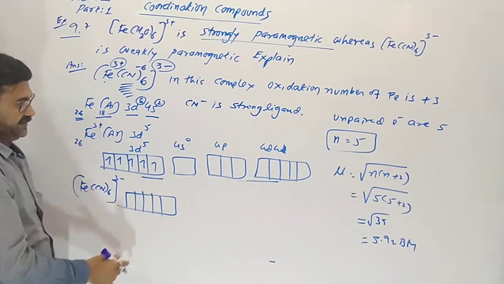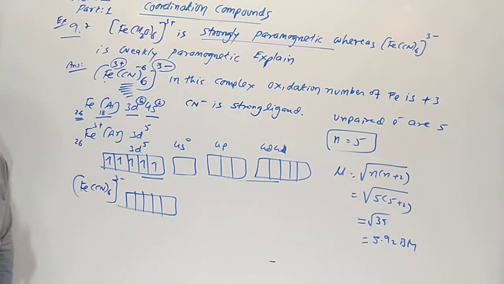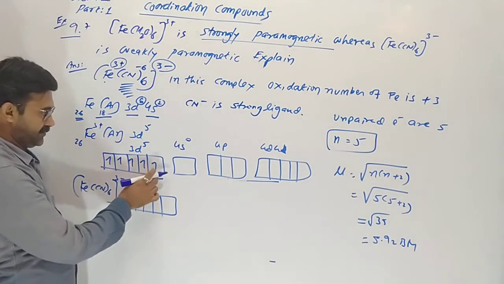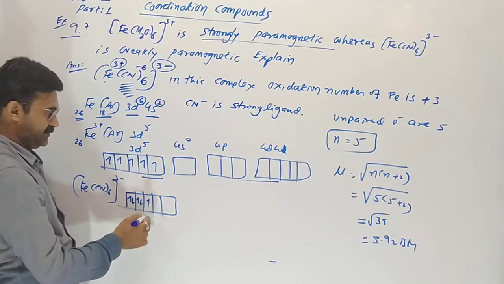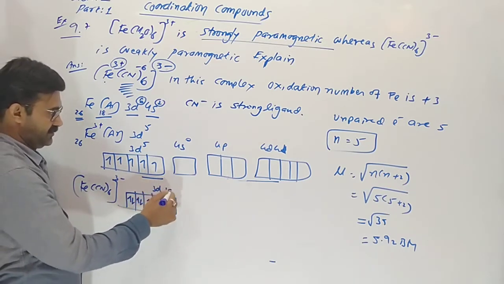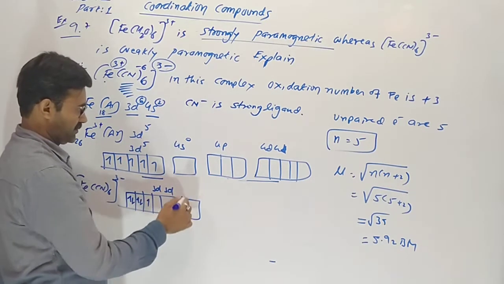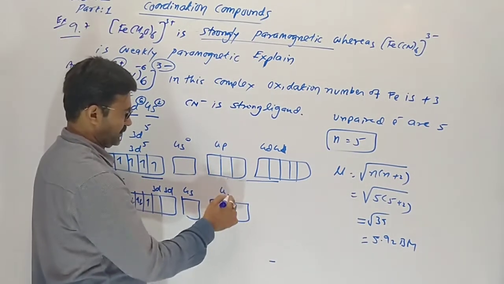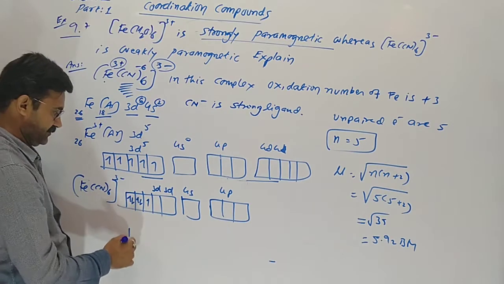So 2 of the 3d orbitals became vacant after the transition here. And the electron moves here. So one remains unpaired. So now 2 3d, 1 4s and 3 4p are vacant.